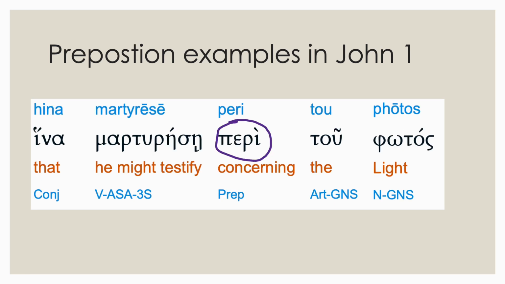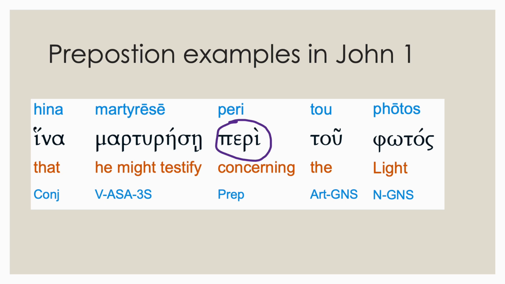John came in order that he might testify concerning the light. In Greek that's hina marturese peri tou photos. In this context we have peri is the preposition, meaning around, and in terms of a concept, we translate that as about or concerning in this case.